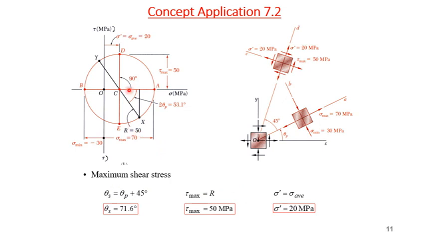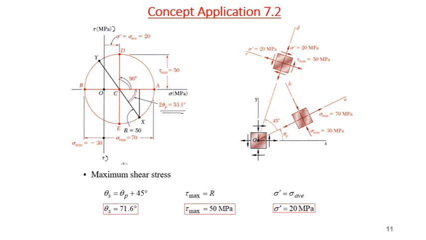Now, with respect to the original, what is the orientation of the maximum shear stress? It will be, in Mohr circle, 2 theta p plus 90.